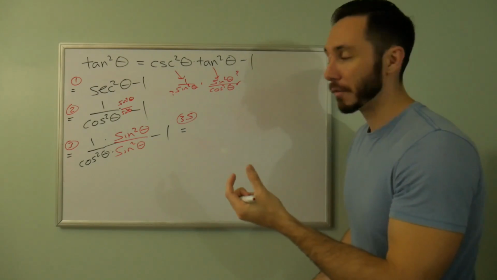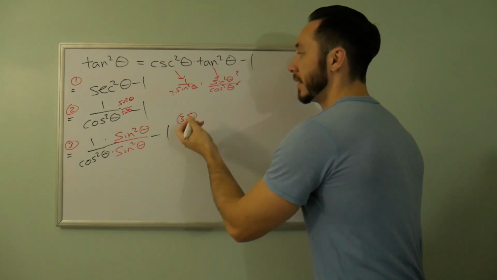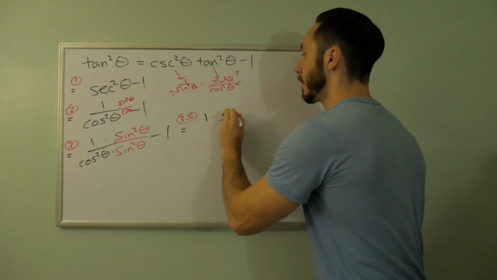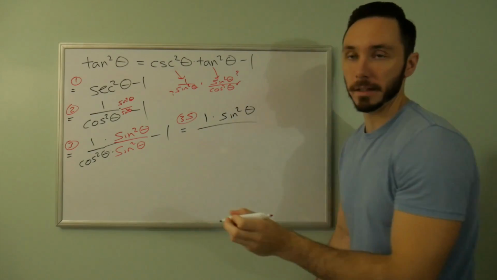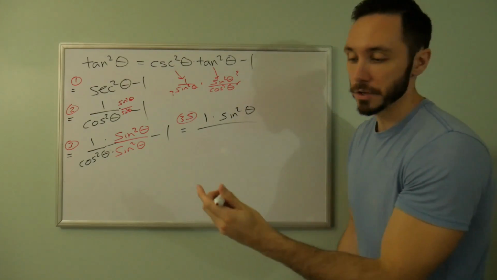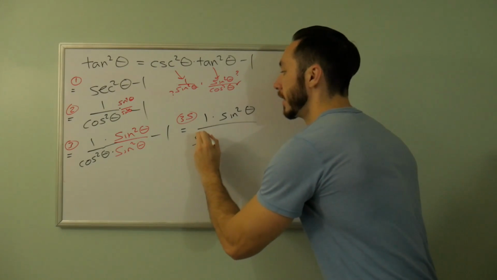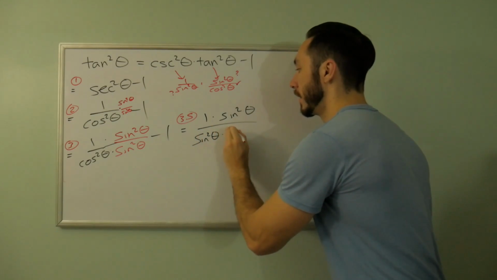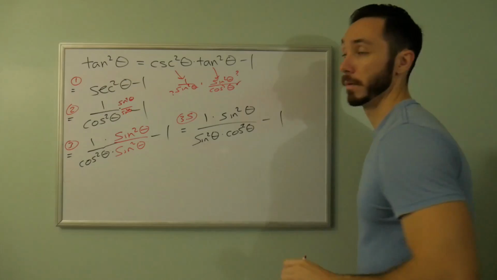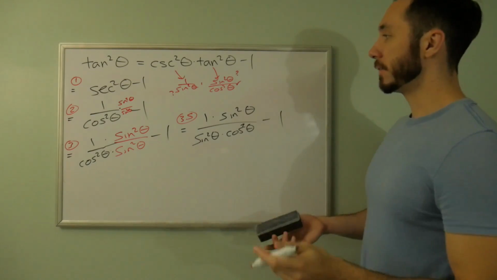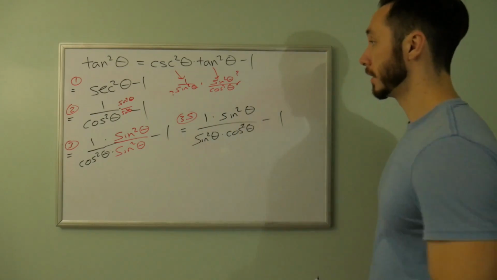I can flip the way I write it. So I'm going to write this as 1 times sine squared theta, keeping the numerator completely the same. The bottom, I'm just flipping the orientation of them. So it's going to be sine squared theta times cosine squared theta, all minus 1. That's kind of like a step 3.5. I didn't really do anything. I just kind of flipped the orientation a bit.